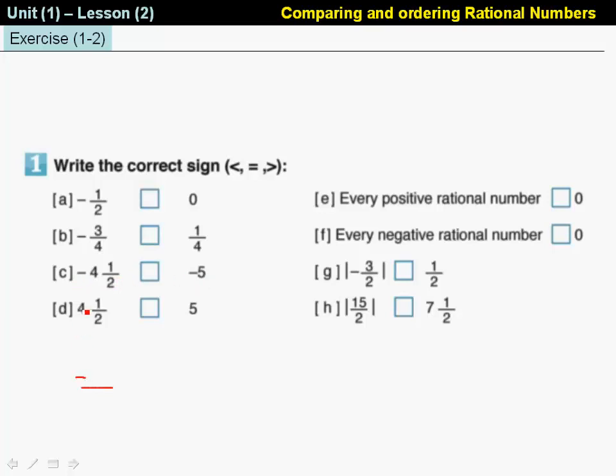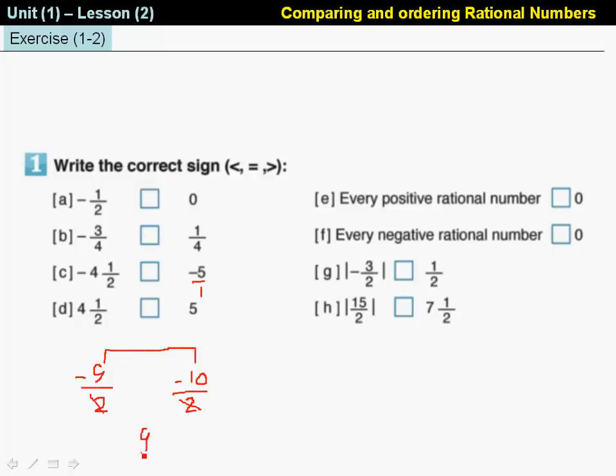So here we have 2 times 4 is 8 plus 1 is 9 over 2. And the 5, we have to add the denominator. This is minus 5 over 1. We multiplied 1 times 2, so we must multiply 5 times 2 also, which gives 10. You have the same denominator. So compare between the numerators. Be careful.